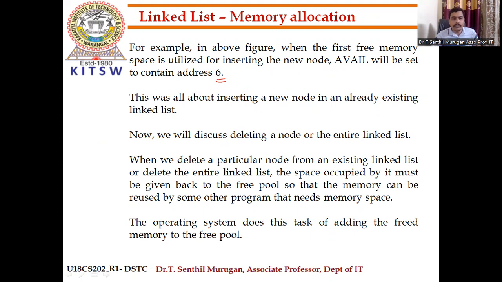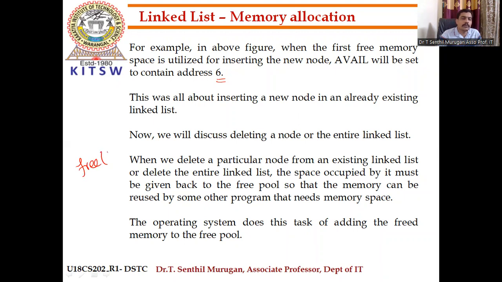So when you delete a particular node of the existing list, what do we have to do? We have to free the space, no? We have to remove it. That is considered as deallocation, memory deallocation. For that, we will use the free function on the memory pointer.